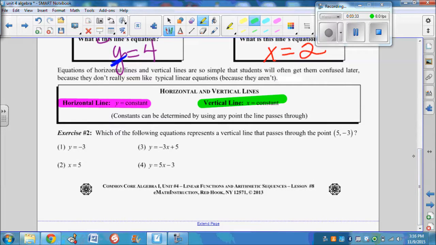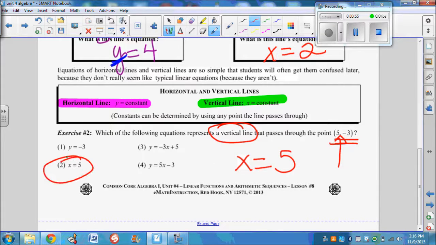Which of the following equations represents a vertical line that passes through the point (5, -3)? The key word there, vertical. If it's vertical, it's x equals, and what is the x part of this point that the line would go through? It's 5. So x = 5.